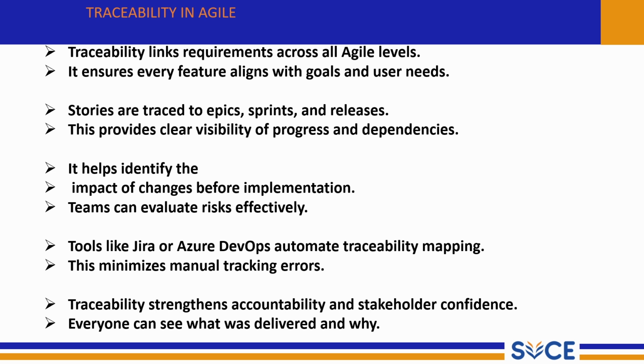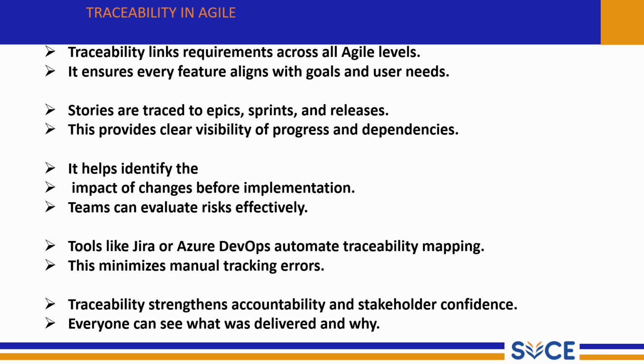This provides clear visibility of progress and dependency. Traceability helps the team clearly see how the project has progressed and what work depends on others' tasks. This reduces confusion and improves accuracy.